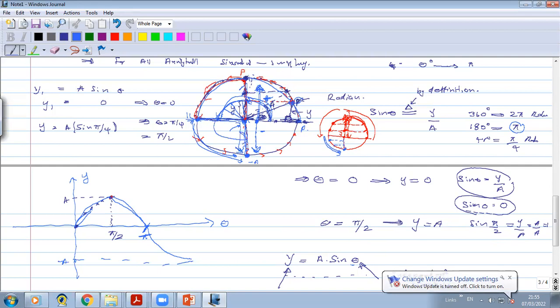From here to here it is 5, and this section is 5 by 2. So 5 plus 5 by 2. So this total angle will be 3 5 by 2. So here it is 3 5 by 2. If we call it in degrees, it is 270 degree.